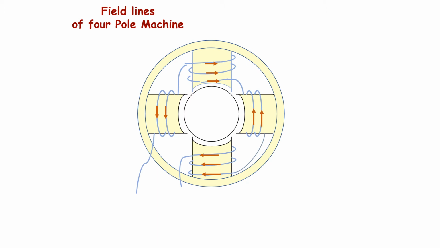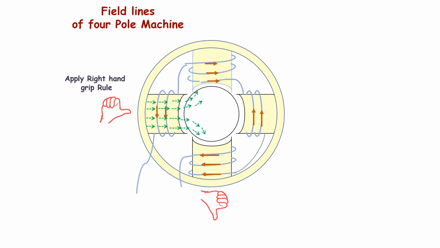We will see how field lines are produced in the case of a 4-pole machine. Apply the right hand grip rule to the first field coil. Show the 4 fingers of the right hand grip in the current's direction. The thumb gives you the field line's direction. It is towards right. Apply to the second field coil.